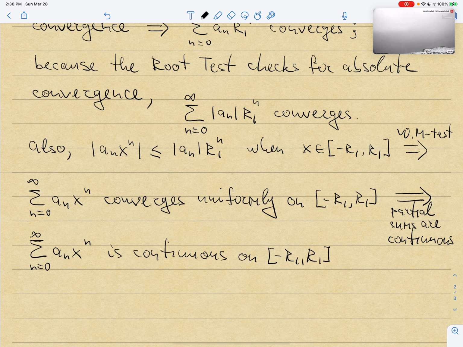Right, before we did this for particular examples of power series, but you see that this actually is a statement that holds for all power series.